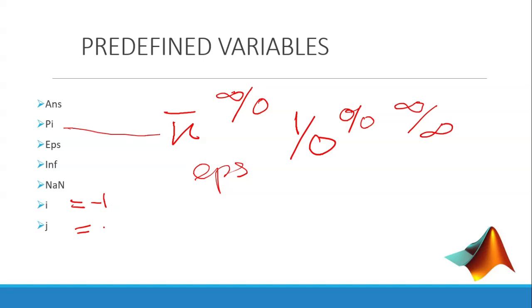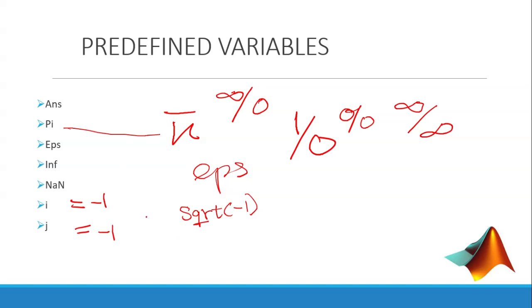So i and j are using complex numbers. If I find the square root of -1, it will give me either i or j. In MATLAB, to find the square root, we use a command called sqrt. So sqrt of -1 will give me an answer in i or in j.